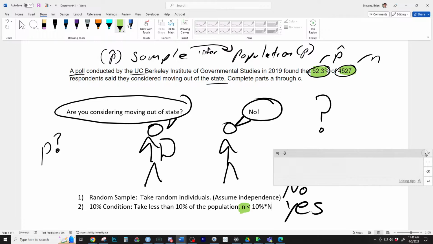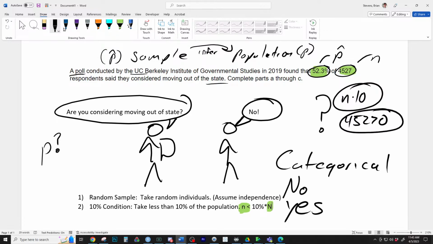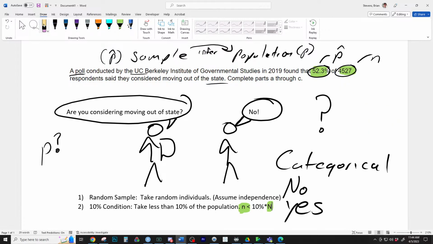Because that's capital N. We're trying to understand people in the state. So I would say there's good reason to believe that there's more than 45,270. You can also take n times 10 to see if there's at least 45,270 people in California. You're all right. So that's another way to think about it. Also, California's probably got like 50 million, something up there, easily a couple million. So we've taken way less than 10% is the point of that.